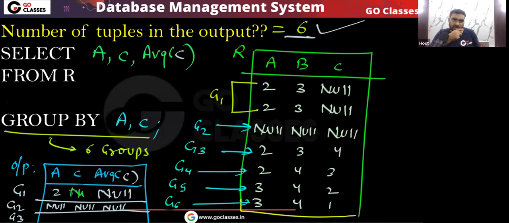Right. This mistake we made because the AC value is 2, null. Yes or no? In group 1, the AC value is 2, null, 2, null. So that will be 2, null. And average of C will be null. There is no other mistake, right? So thank you for pointing out, Gaurav.